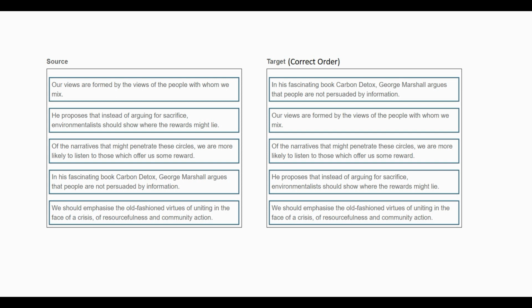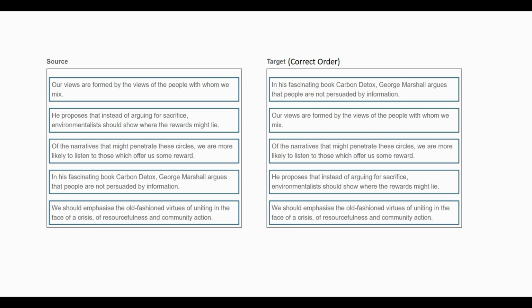Now let's take the word clues. In the book, what it says is, he argues people are not persuaded by information. So people, persuade, information: these are the three keywords for which you find the connecting sentence. Our views are formed. So people are persuaded by information, and information and persuasion have to do with views and thoughts and ideas.